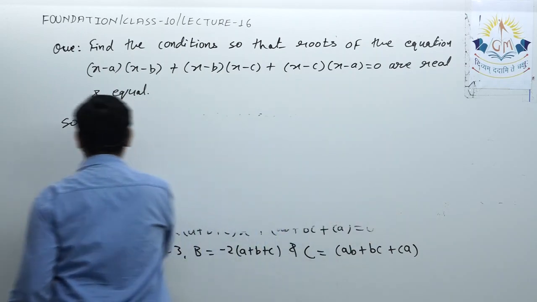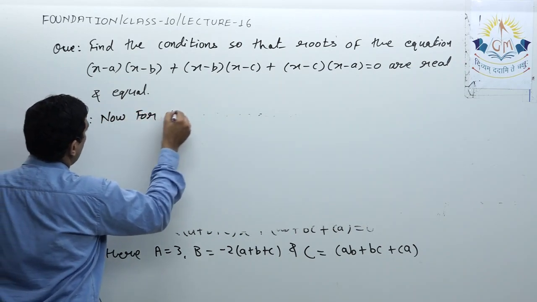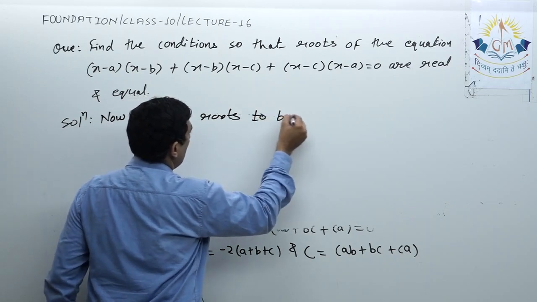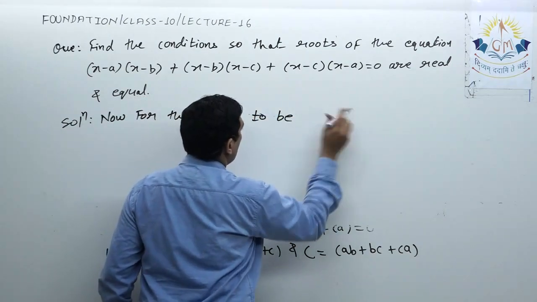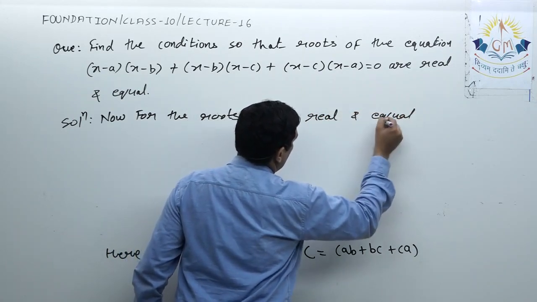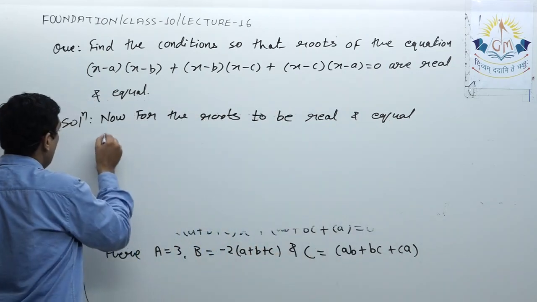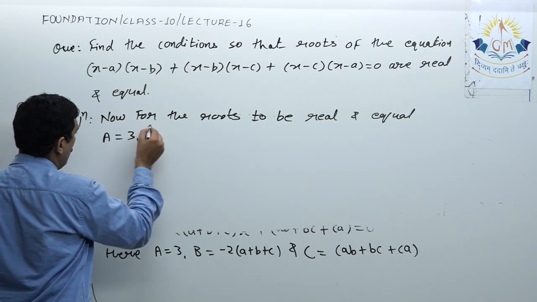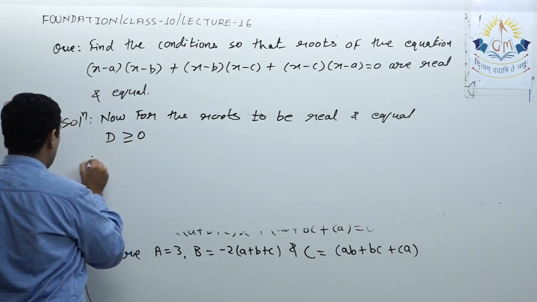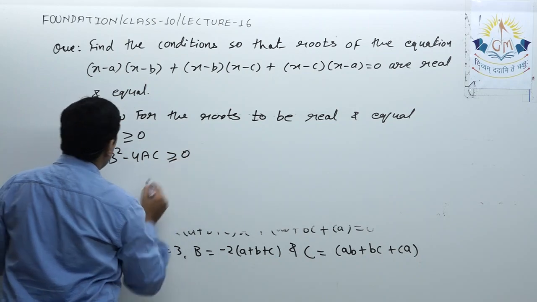So let us see now, for the roots to be real and equal, D is greater than or equal to 0, that is b square minus 4ac greater than or equal to 0.